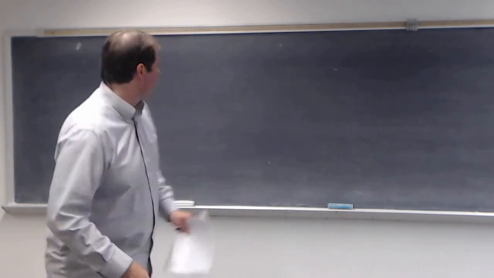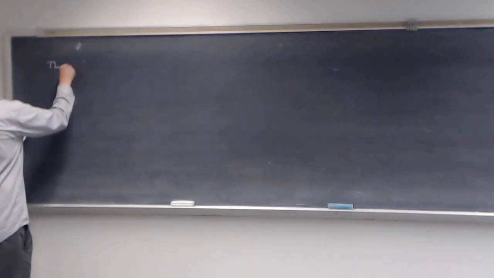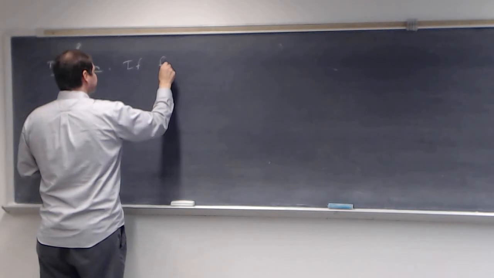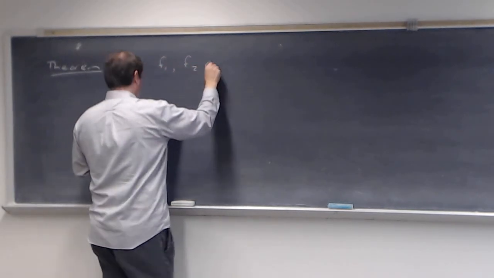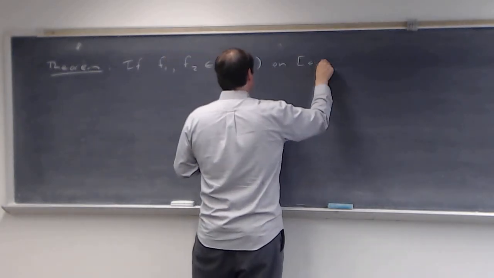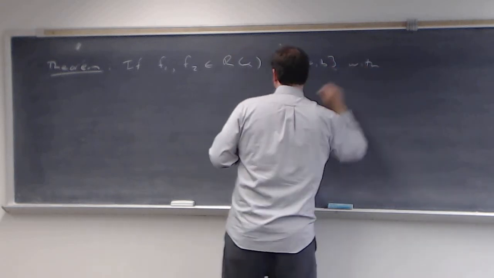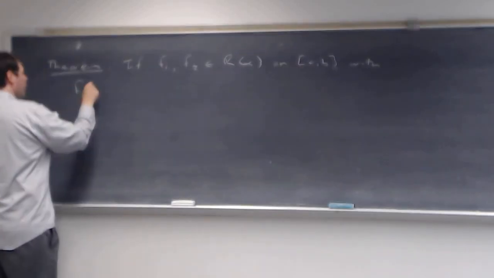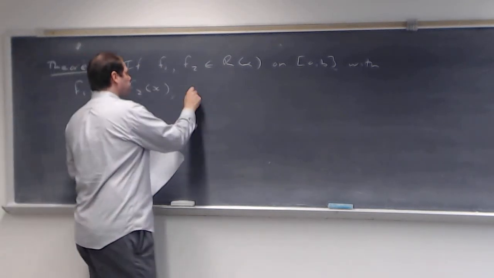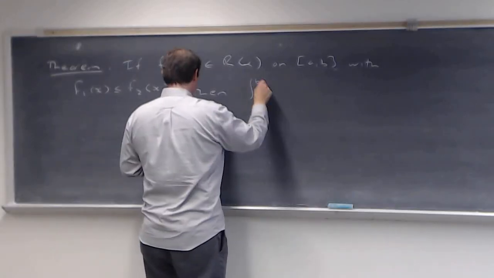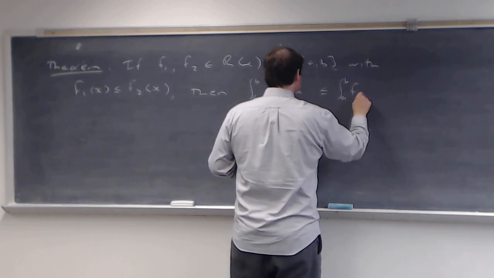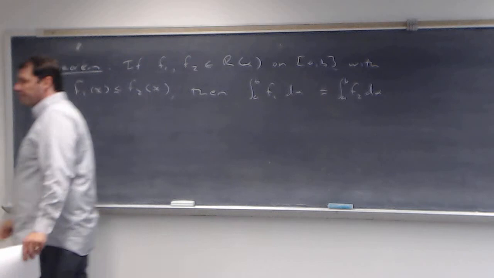And let us start off with the following fact. It says if f sub 1 and f sub 2 are Riemann-Stieltjes integrable functions with respect to alpha on a to b, with f sub 1 of x always being less than f sub 2 of x, then the integral from a to b of f sub 1 d alpha is going to be less than or equal to the integral from a to b of f sub 2 d alpha.